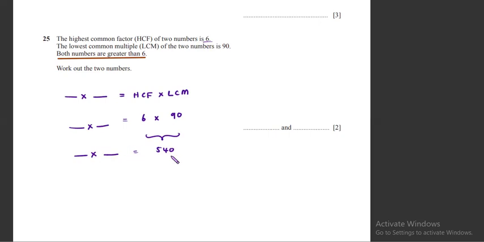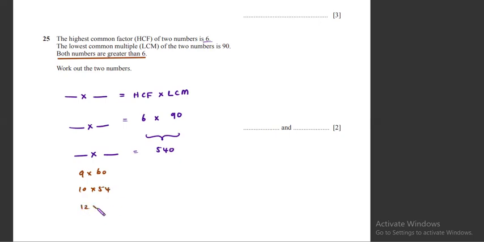So when we consider the factor pairs of 540, which are above 6, it's going to be 9 times 60. Then we have 10 times 54.